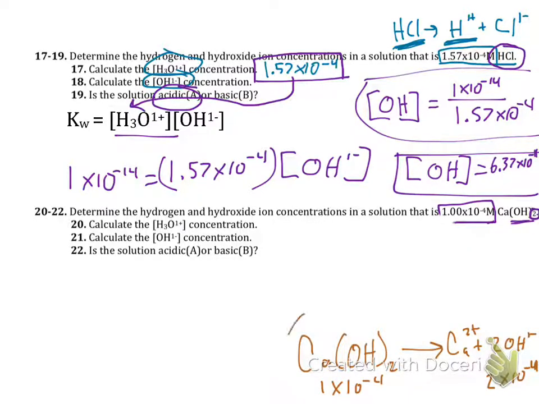And so again, for every 1 of these, you're going to end up with 2 of those, so you're doubling the concentration. And what we end up with is 2.00 times 10 to the negative 4 molar solution of hydroxide. And if you do the math on the rest of it, there's your answers for those.